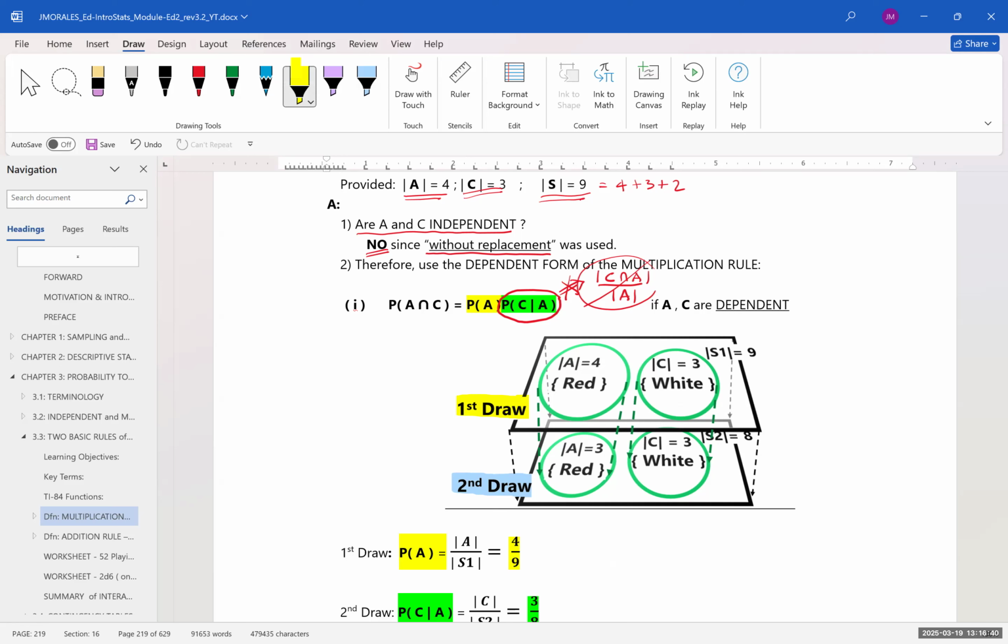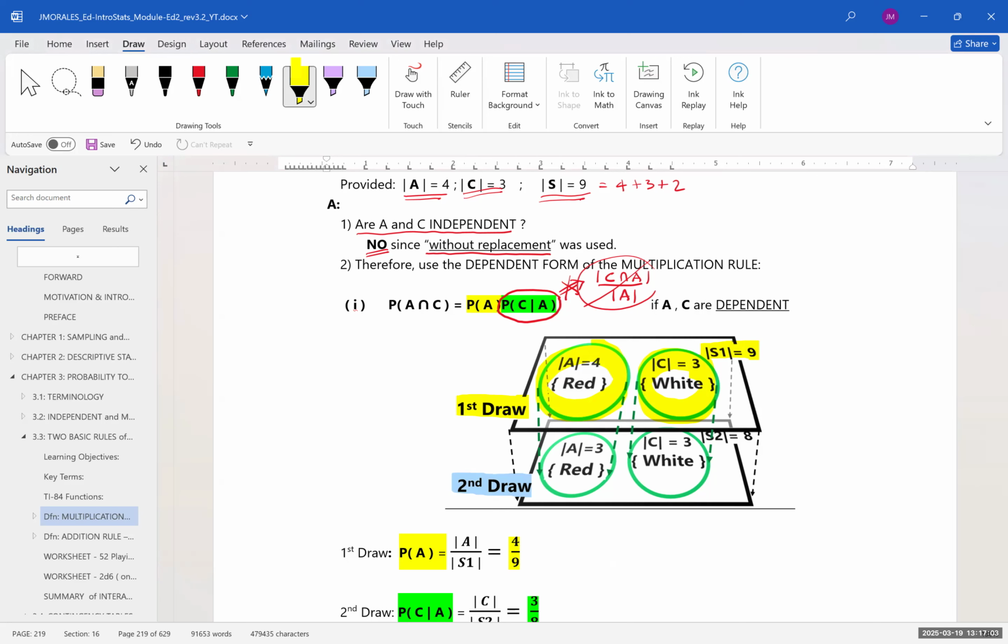So on our first draw of a marble, what are the numbers of everything we're dealing with here? Well, we're dealing with a bag of nine marbles, and we've got four red, and we have three white.